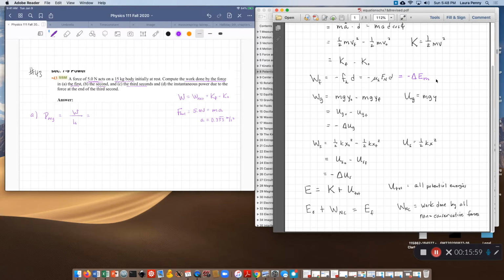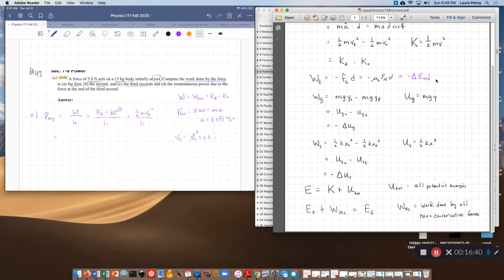So here my work is going to be the net work, which is the K final after 1 second compared to the K initial before. Initially, it was at rest for this part A. My final kinetic energy is 1/2 mass v final squared over 1 second. v final is v initial plus at. I know a, and I know my v initial was 0.